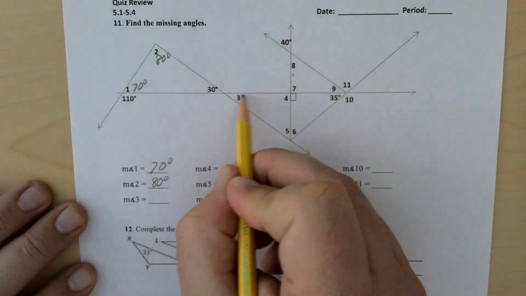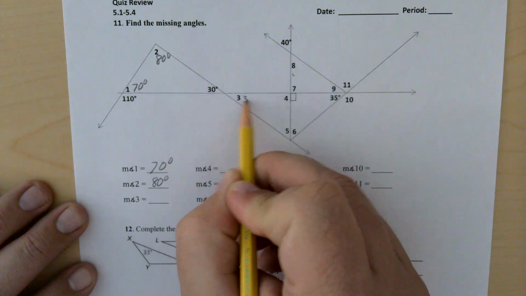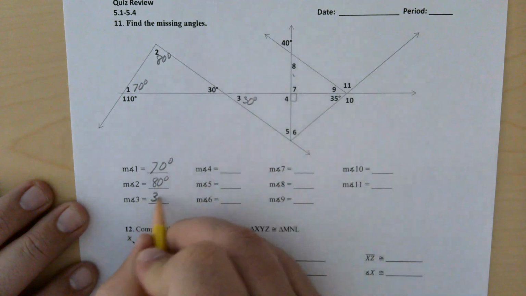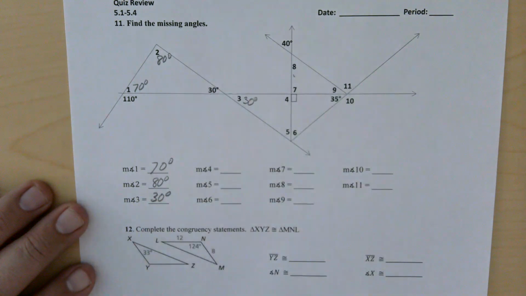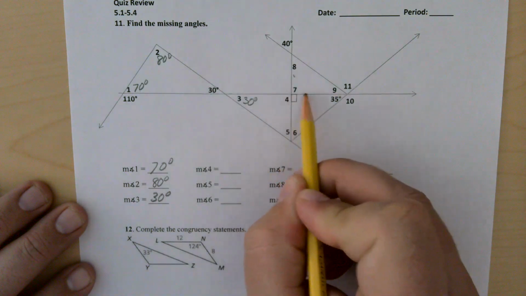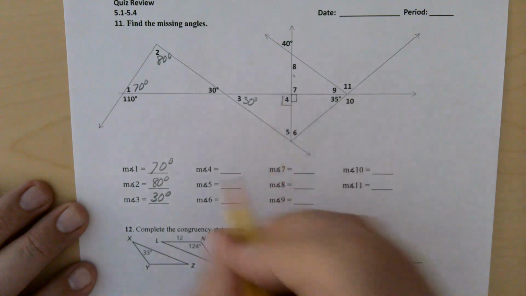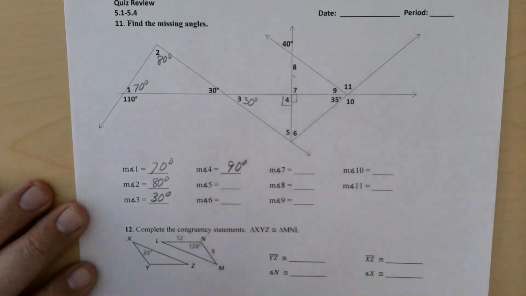3 has to be 30 because they're vertical angles. So if this is 30, that forces angle 3 to be 30. Angle 4, you're going to see, is going to be a right angle because its linear pair is 90, so this forces 4 to be 90 degrees.